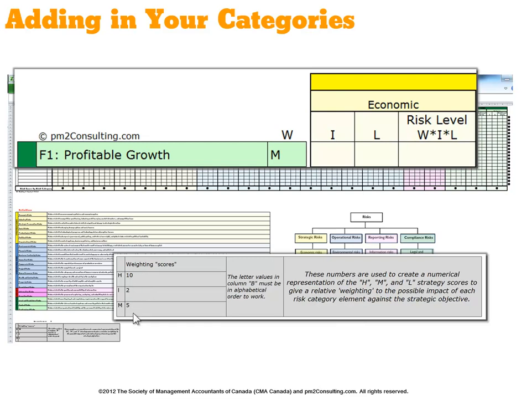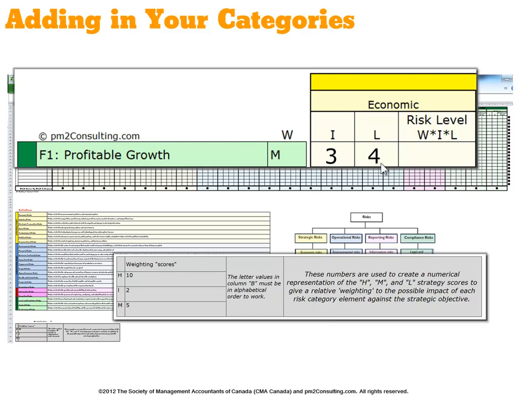The way you'll be using this spreadsheet to show how these mathematics work is for each risk area, in this case economic risks, we're going to take a look at what its impact might be on profitable growth and put in a score of 1 to 5, and what its likelihood of occurring is, and again put in a score of 1 to 5. And this is a standard risk sort of approach.